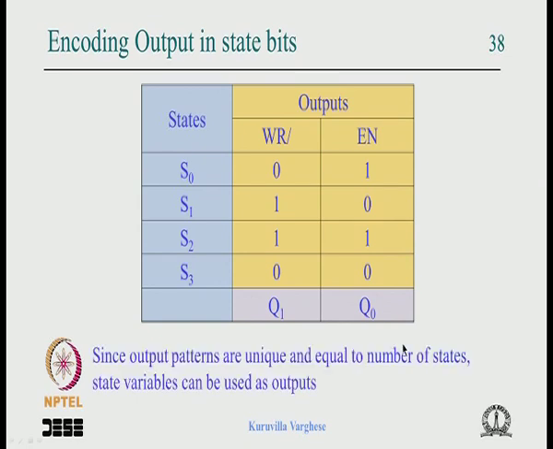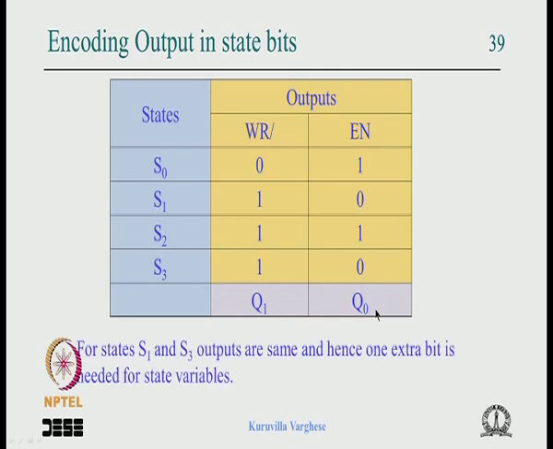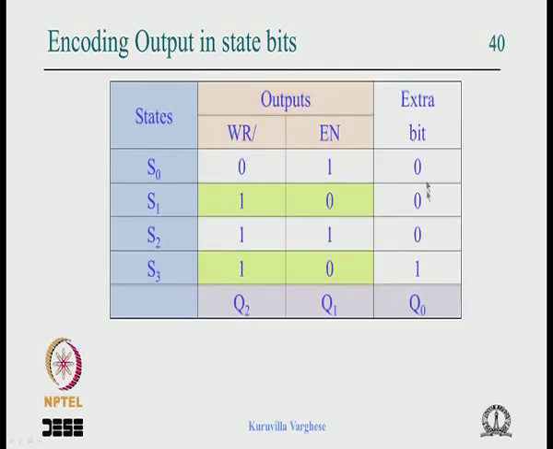There is no harm. But if there is any repetition, like in this case where S1 and S3 have the same output pattern, we will be forced to add an extra bit. That means the state flip flops will be 3 flip flops though we have only 4 states.